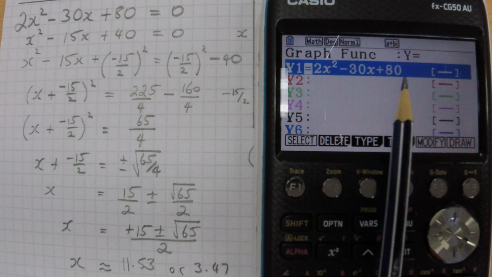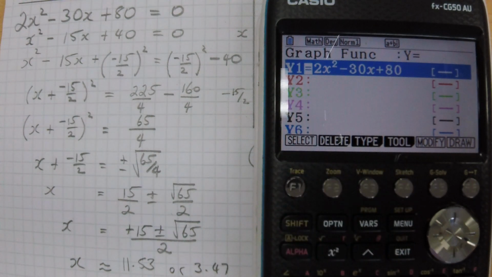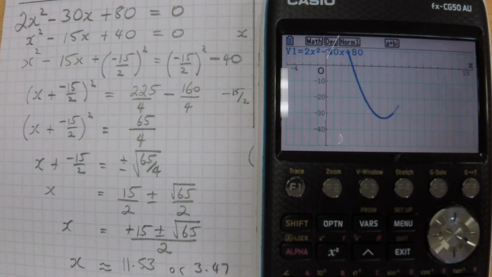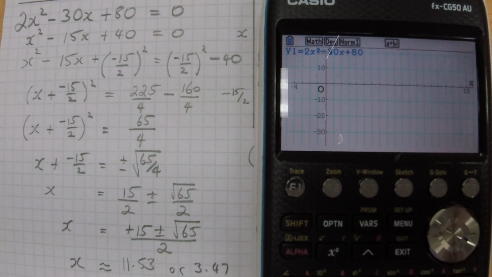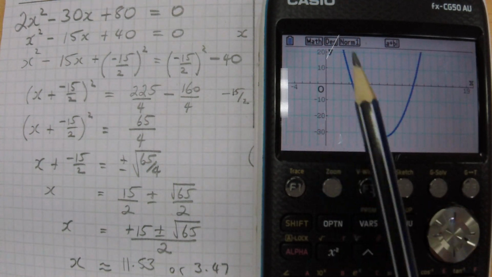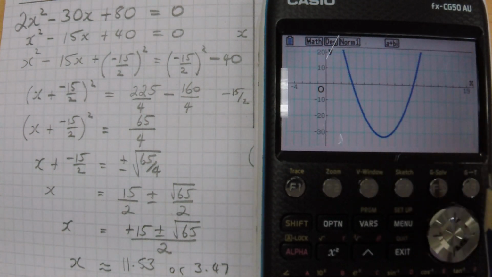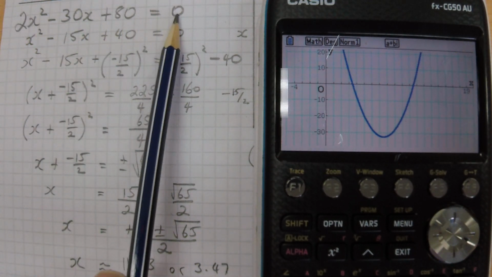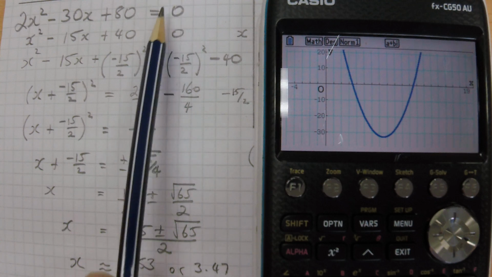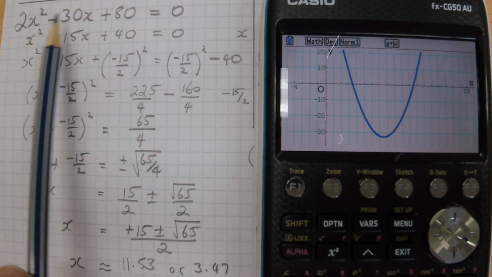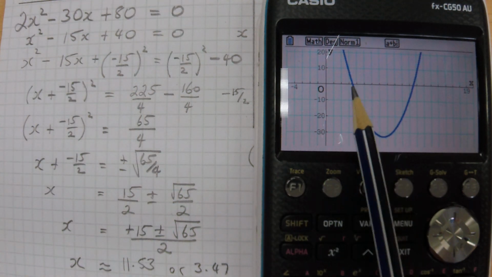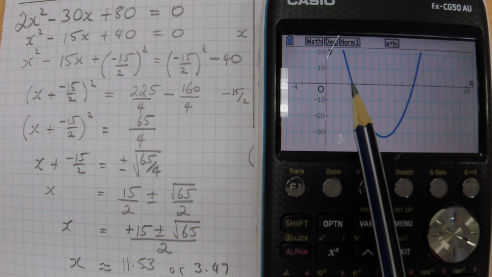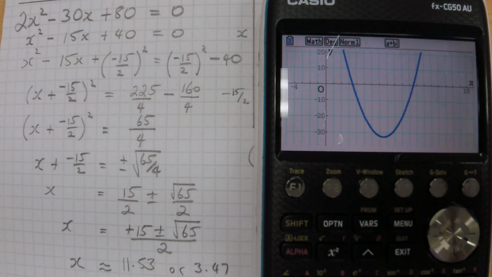I've already entered it in the first function, and I'll draw that. Now if you need to, you can change the window settings or the zoom, but you can see I have a parabola here. I'm interested in when this equation has a value 0. Now that would correspond to a y coordinate 0. We want to know the value of x at this point and this point here.